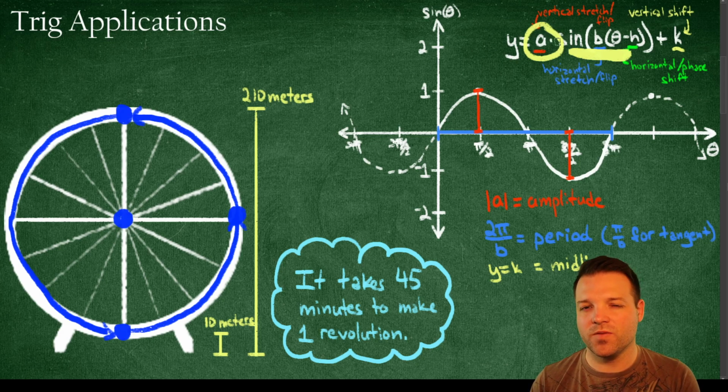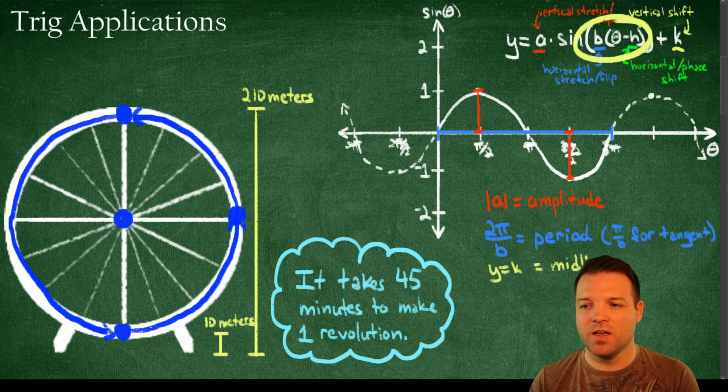Also, if the A is negative, it's going to flip this thing vertically as well, or reflect it over the x-axis. The K is going to be a vertical shift up and down, which we are definitely going to have to use. Actually, we'll use both of these, because A stands for amplitude and K is where that midpoint is, or the midline. All right, so we can manipulate those.